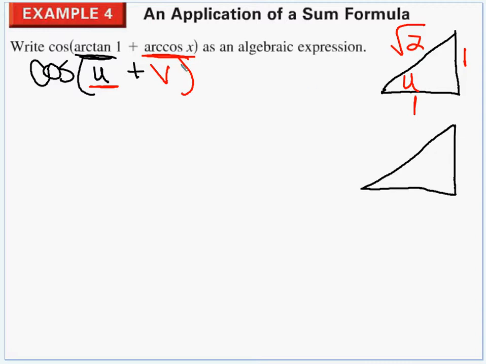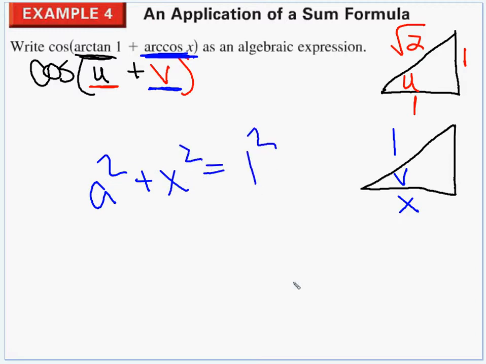Now the other thing is the V angle, that is arc cos x, or arc cos x over 1. Cosine deals with adjacent over hypotenuse. So the adjacent will be x, the hypotenuse will be 1. Here is angle V. So Pythagorean theorem. This side over here, we'll just call it a. So a squared plus b squared is equal to c squared, or 1 squared.